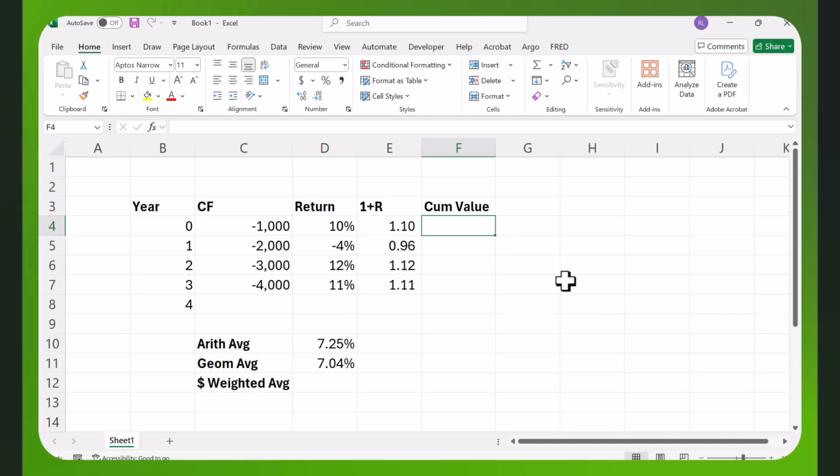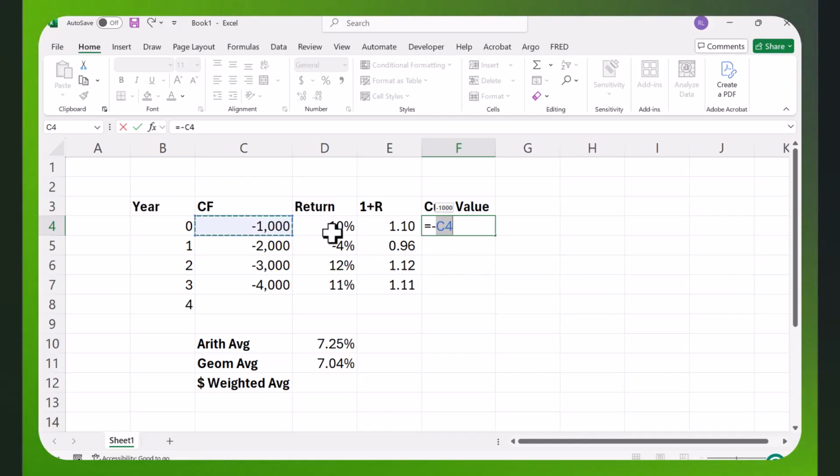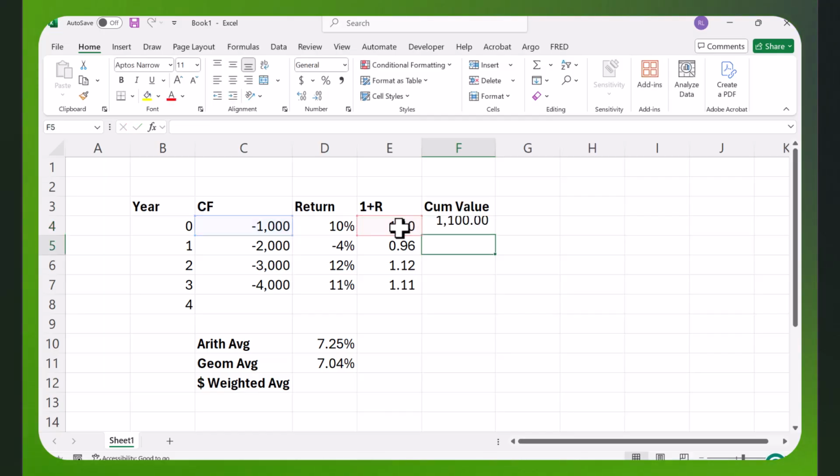We're going to say this is equal to the negative of this cash flow. Remember, we want to get a positive number here, so I'm going to make this a negative number, times, we already have 1 plus r here, so you have 1,100. How about in period 2? In period 2, we're going to have this value plus the negative of this.